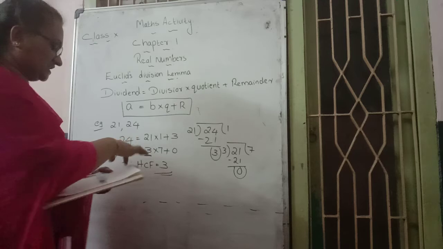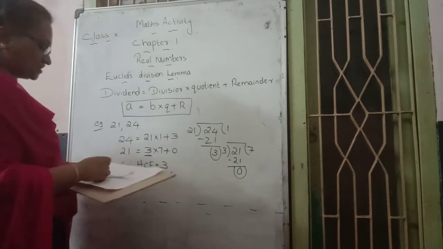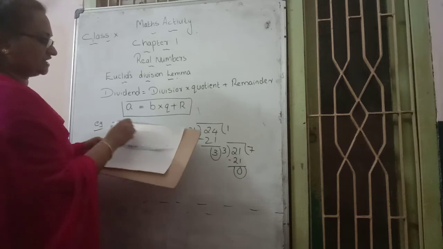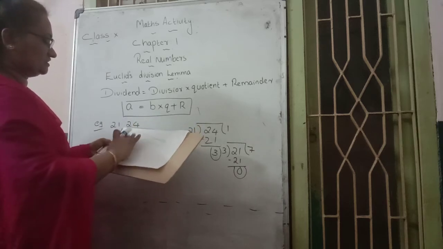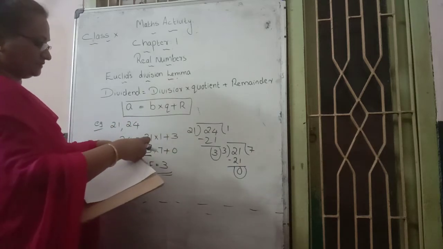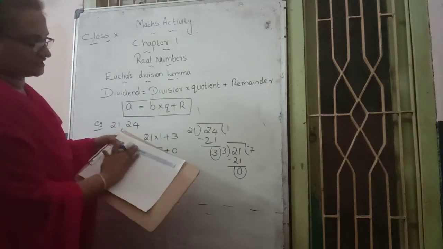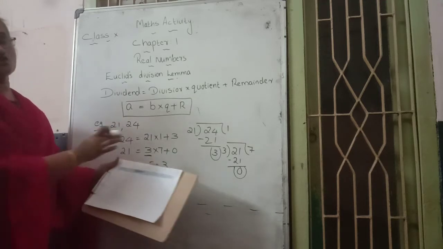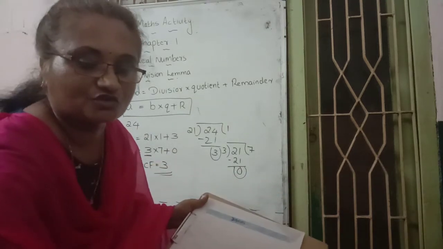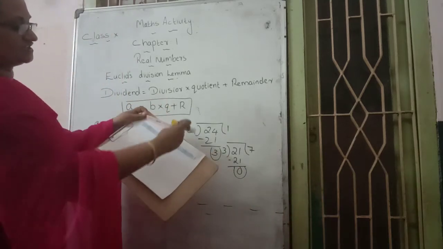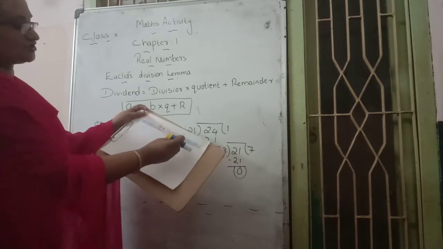Horizontally we paste the 24 centimeter. Pasting the 24 centimeter, which number is it divided by? 21. So we take a 21 centimeter strip.